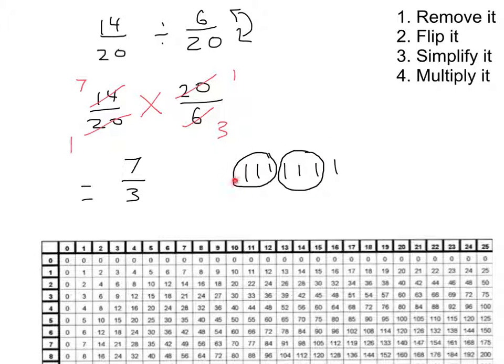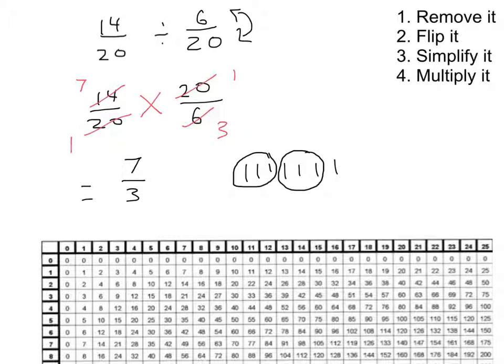And we don't need to actually do this. We can just look at the times table. So if you look at the multiples of 3, you'll see that there's a 6 here. Okay? So 6 divided by 3 is 2. Now, the numerator here is 7.